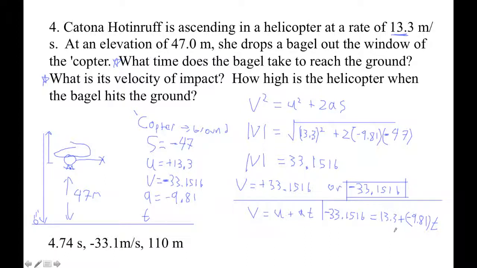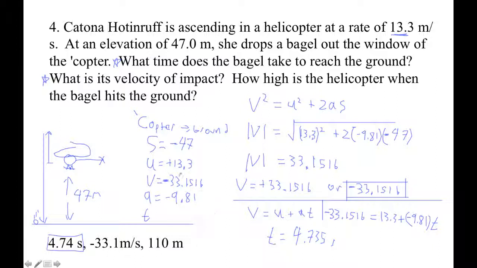How could I possibly solve that? Well, I'm going to subtract this from both sides, and divide that by negative 9.81. I get a time of 4.735 whatever seconds. I guess with 3 sig figs, we'd say 4.74.